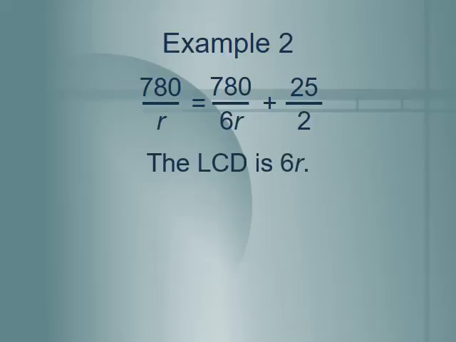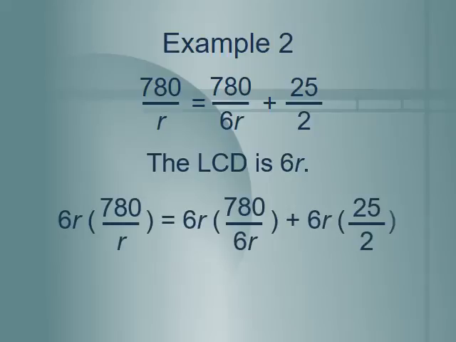And when we solve this all out, we can see that our least common denominator is 6R. So we have to multiply this equation by 3R, and we have to multiply this equation by 6. And we're going to do that to everything so that everything is in a common denominator.